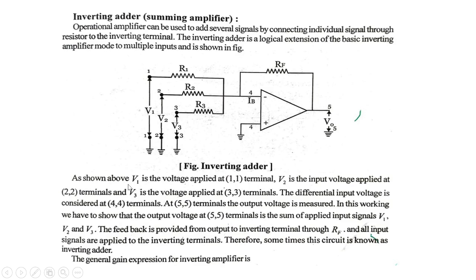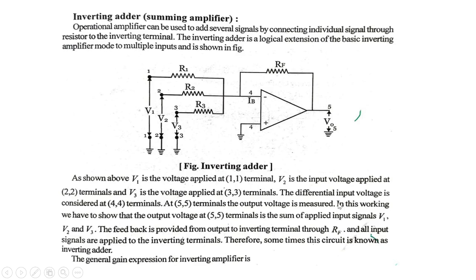As shown above, V1 is the voltage applied at terminal 1. V2 is the input voltage applied at terminal 2 and V3 is the voltage applied at terminal 3.